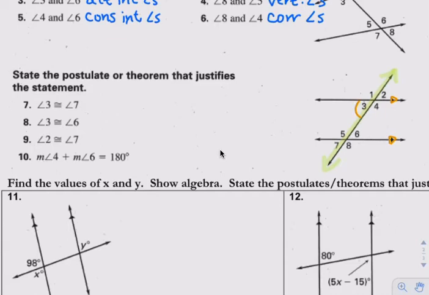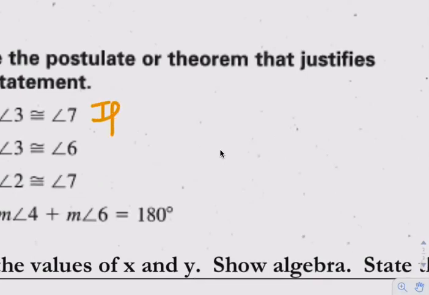Well, 3 and 7 are what kind of angles? They're corresponding. Why are they congruent? They're congruent because if two parallel lines are cut by a transversal, then what are we using here? We're using the corresponding angles are congruent.